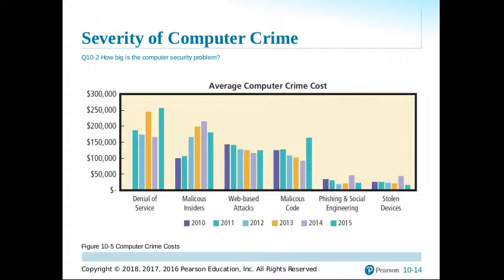DOS, right? Denial of service. It hurt a lot. Stolen device less, malicious insider and web-based attack and malicious code somehow at a medium.